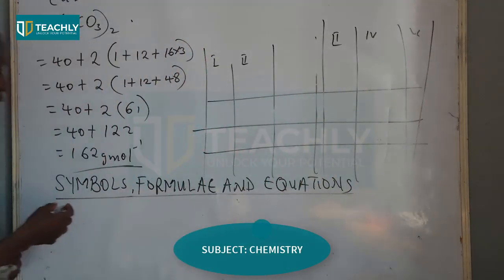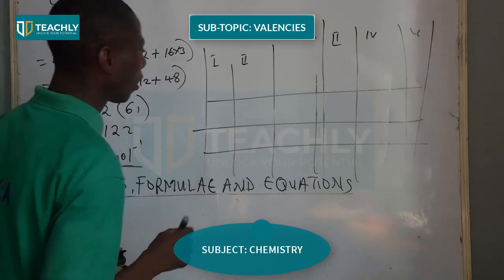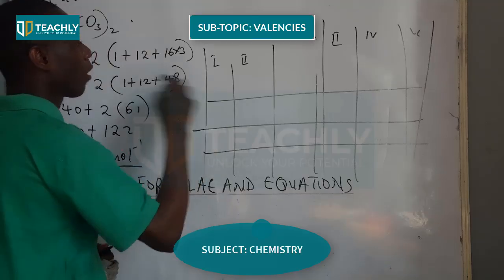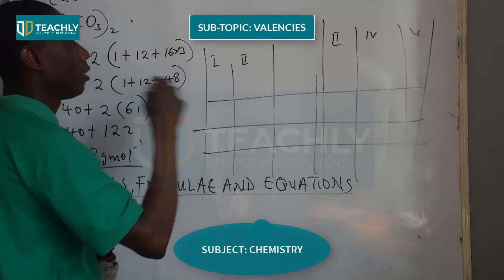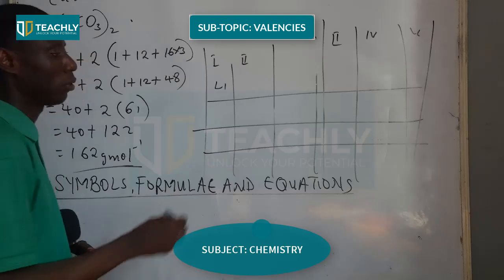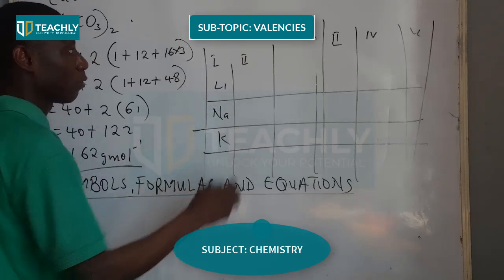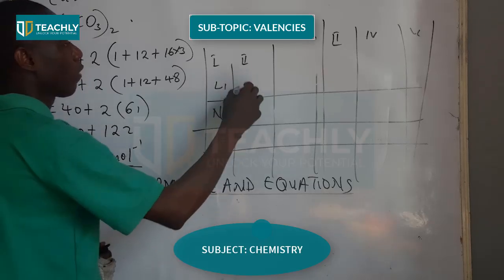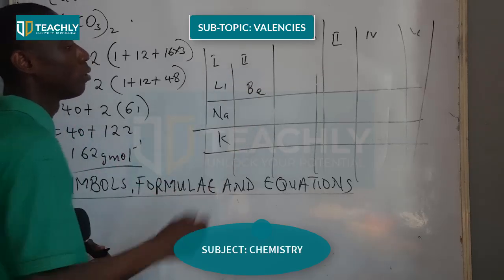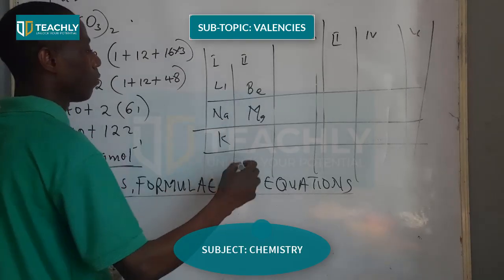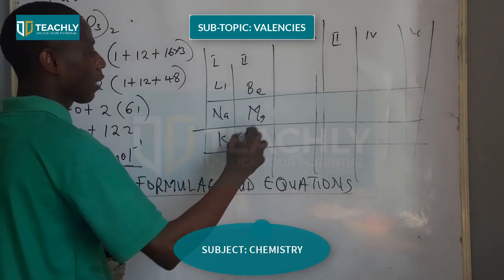So how are those elements arranged in a group? You make use of their symbol. For example, you want to put elements in group 1: you have lithium, sodium, potassium. In group 2, you have beryllium, magnesium, calcium.